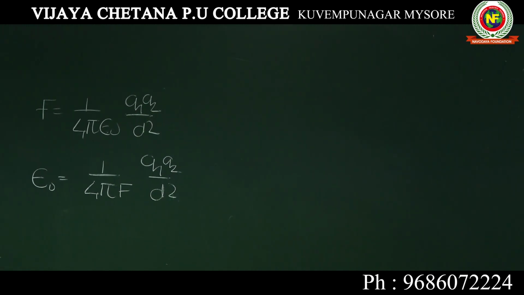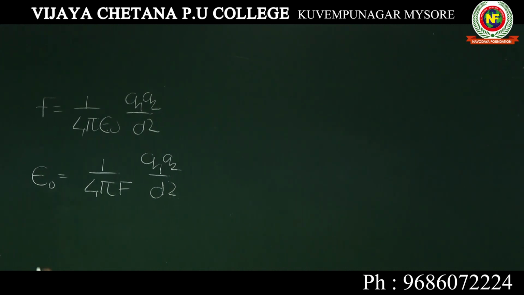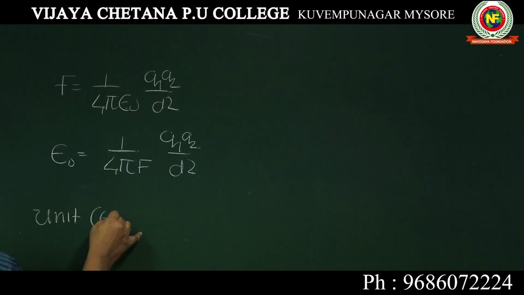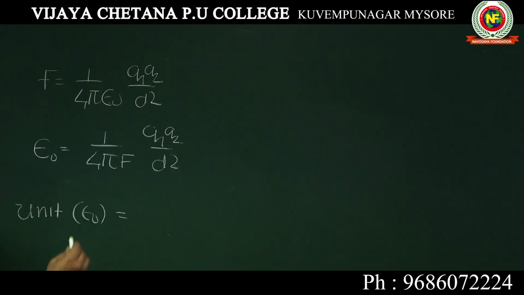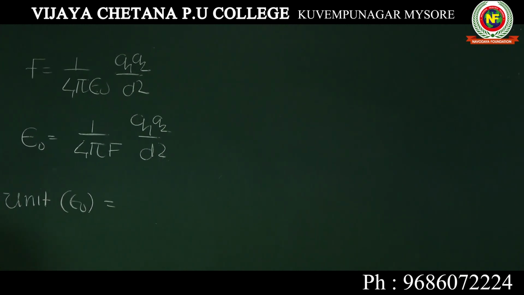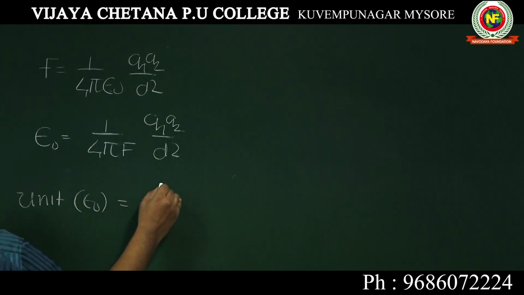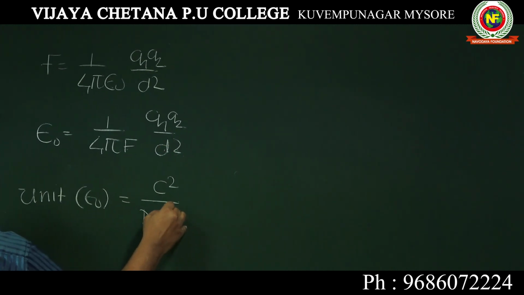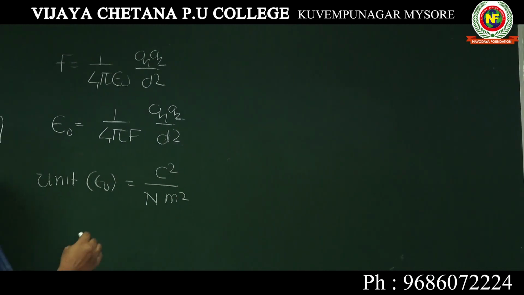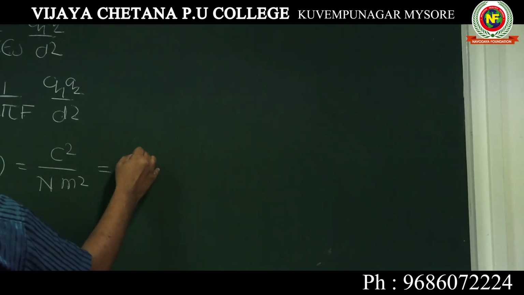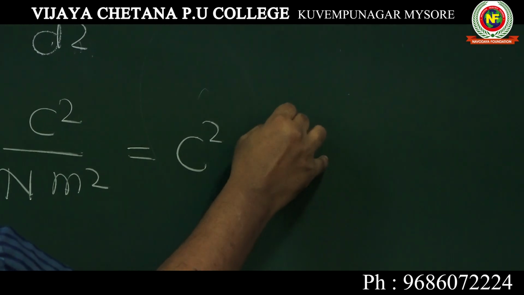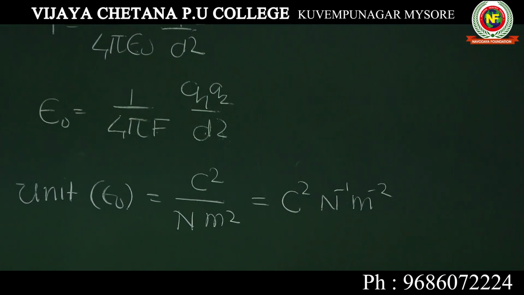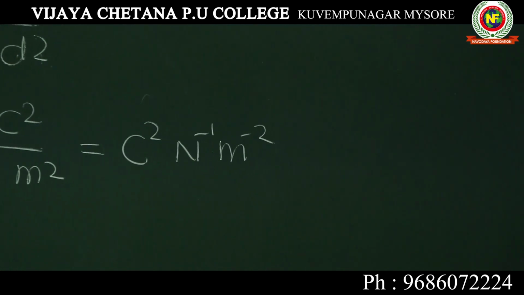Now I want to write the unit of epsilon naught. 1 by 4 pi are constants, they have no specific unit. q1 q2 is charge, coulomb square, force is Newton, distance square is meter square. Therefore, the unit is coulomb square per Newton per meter square.